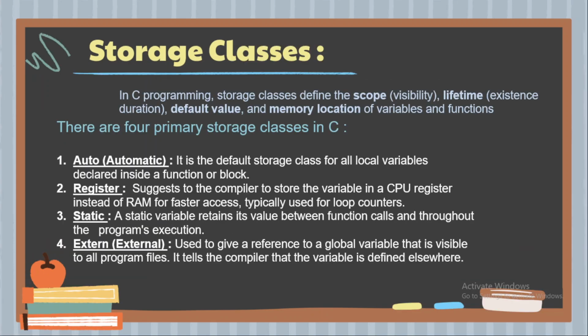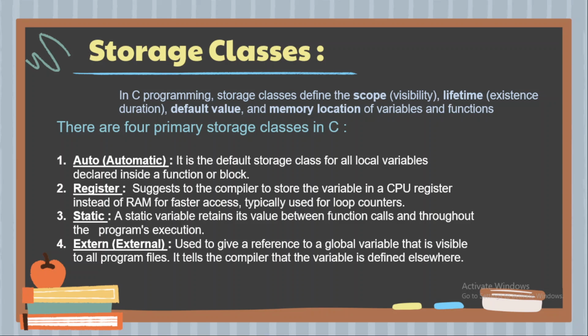Storage classes. In C programming, storage classes define the scope, lifetime, default value, and memory location of variables and functions. There are four primary storage classes in C. Automatic is the default storage class for local variables declared inside a function or block.